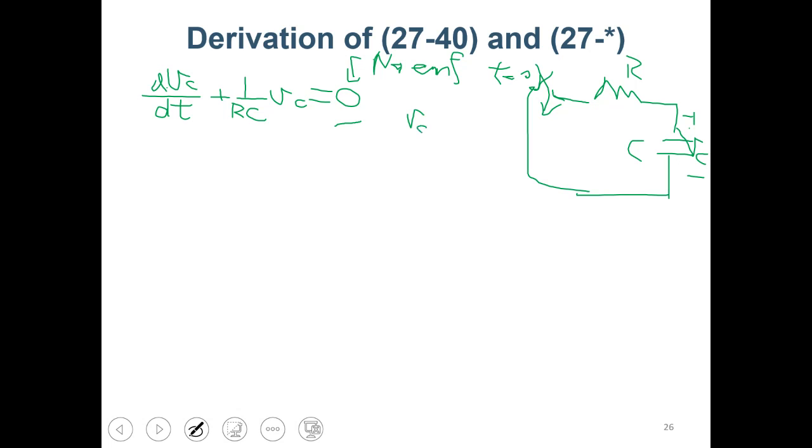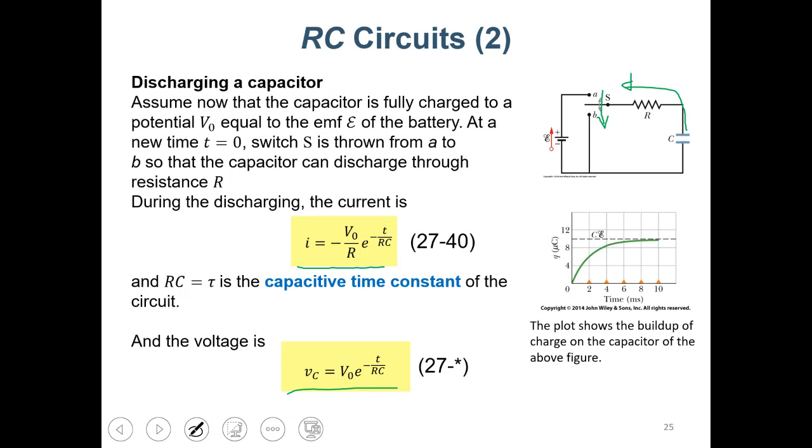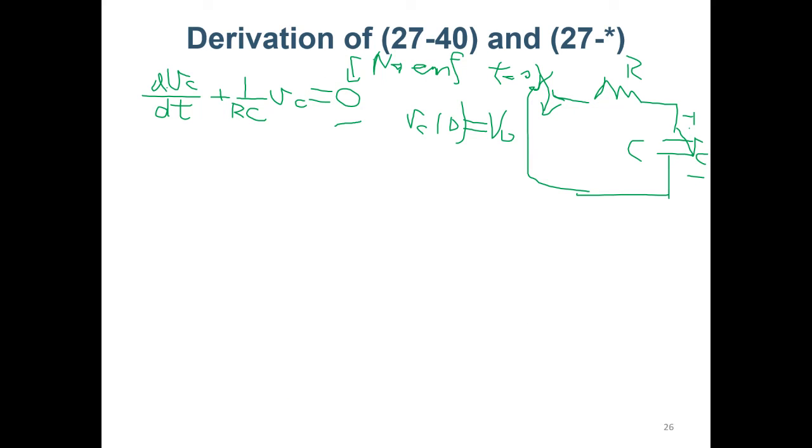And the initial condition should be V0. It tells you that the capacitor is fully charged to V0. So Vc(0) is V0.